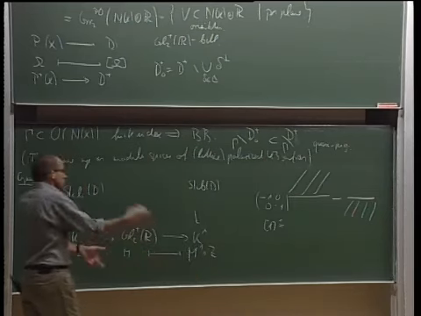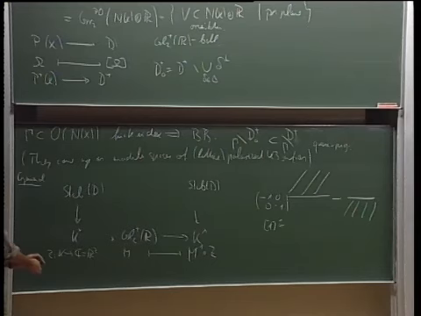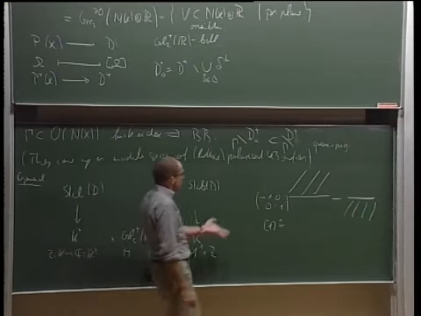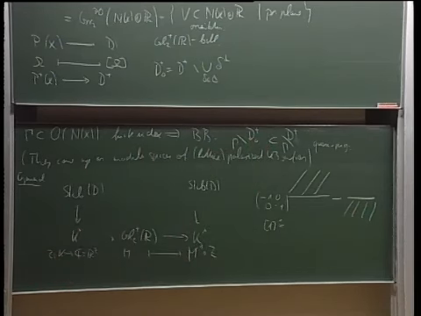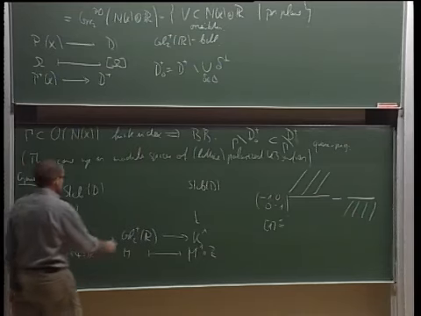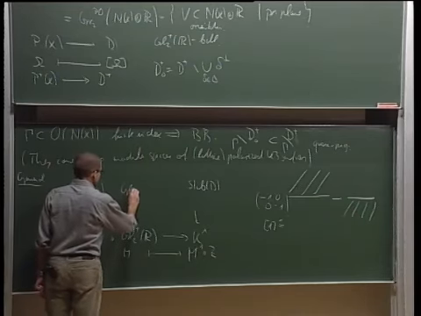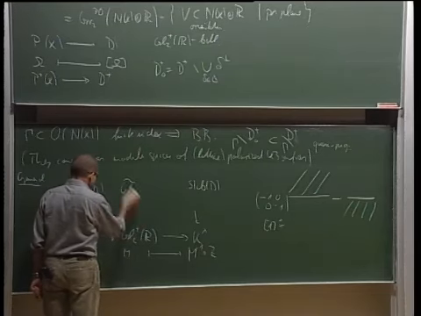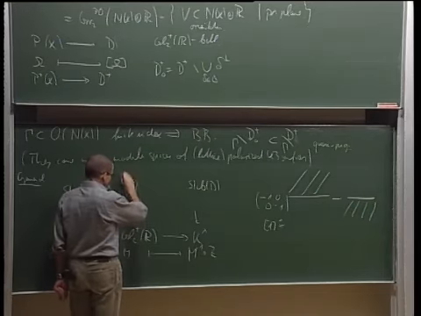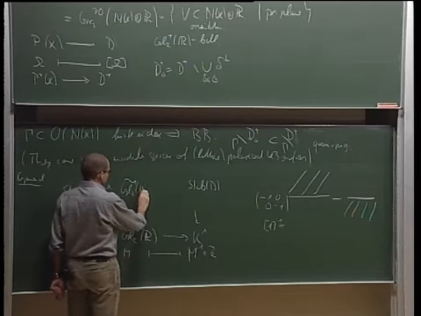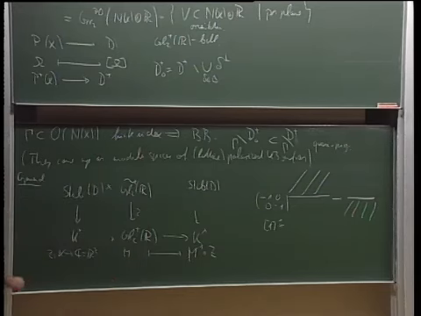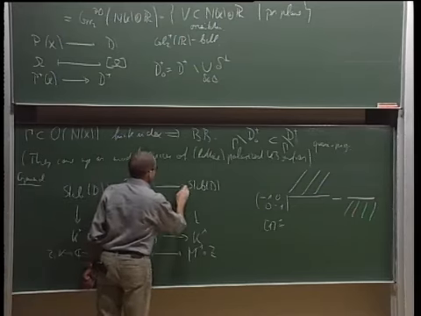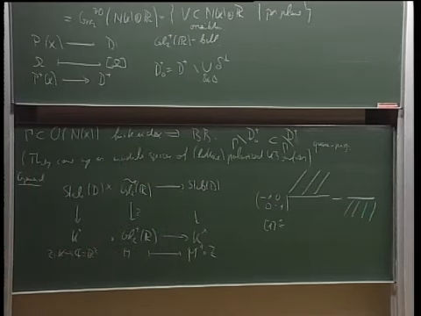If I do this rotation twice, then in GL2 I get the identity, but on the level of the derived category I get twice the shift, which is clearly not the identity. And this is the reason why I cannot let this act on the space, but I can let it act as universal cover. So this is a Z covering, and this one then acts on the space of stability conditions.